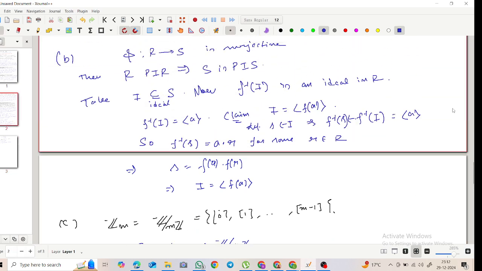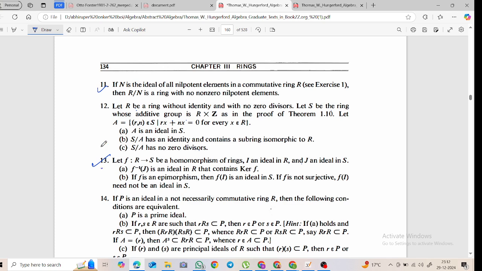We have used that f inverse I is an ideal. We have used this. Okay, that is something which will be proven in 13. So try 11 and 13. You have 5 minutes.